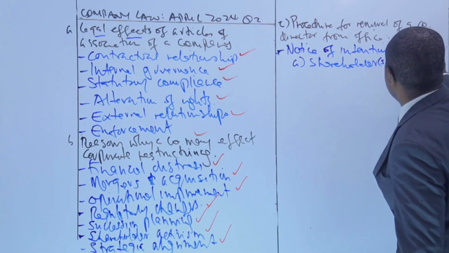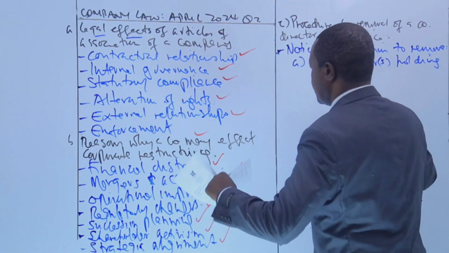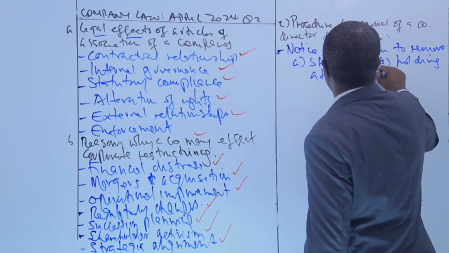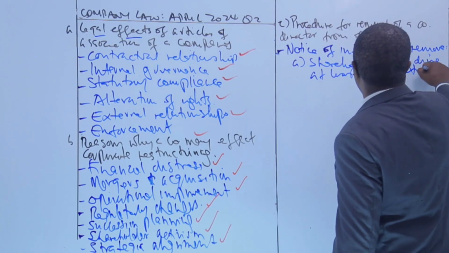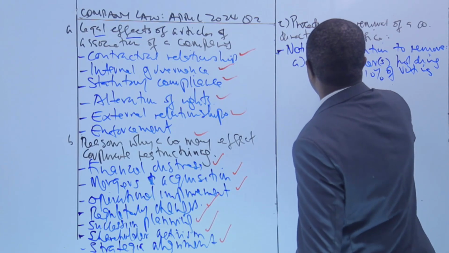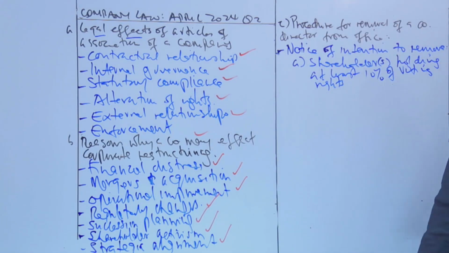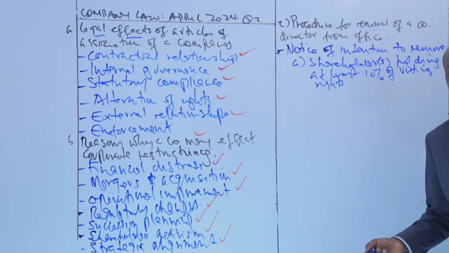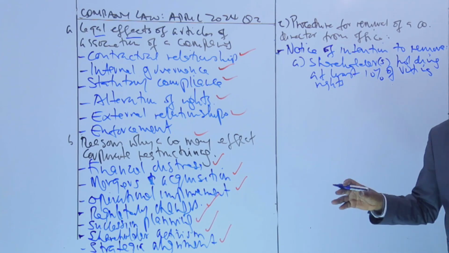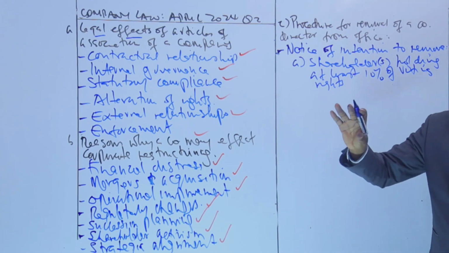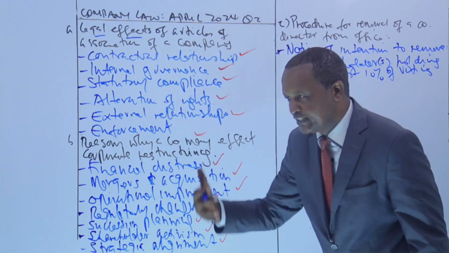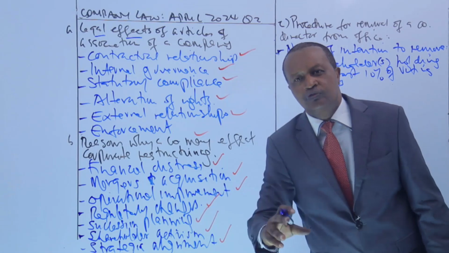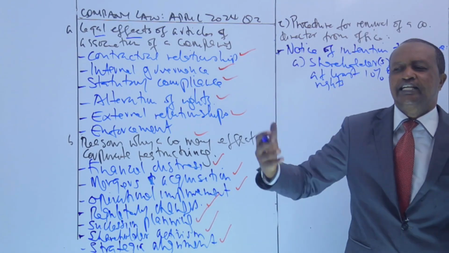It's not just anyone who can give notice of removal. Such a person can give a special notice to the company of the intention to propose a resolution to remove a director at the next general meeting.